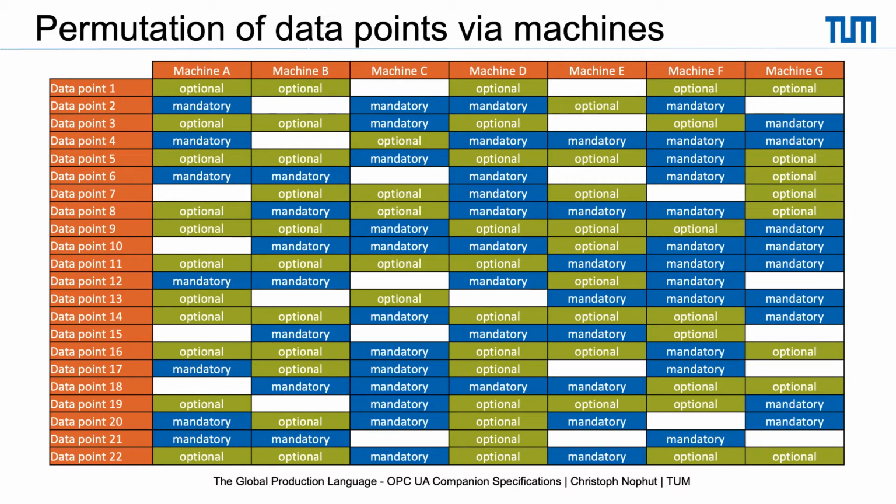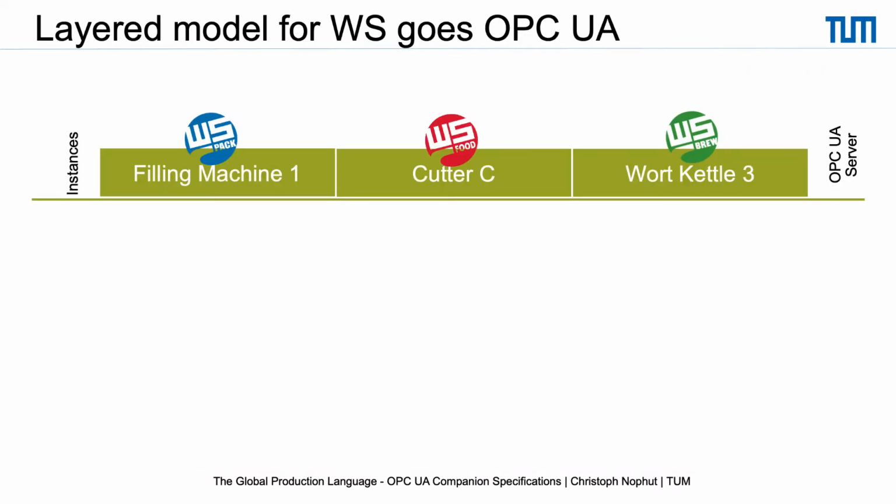So we decided on a slightly different way to describe our machines in the Weihenstephaner Standards, and it looks like this. So we have a layered model.